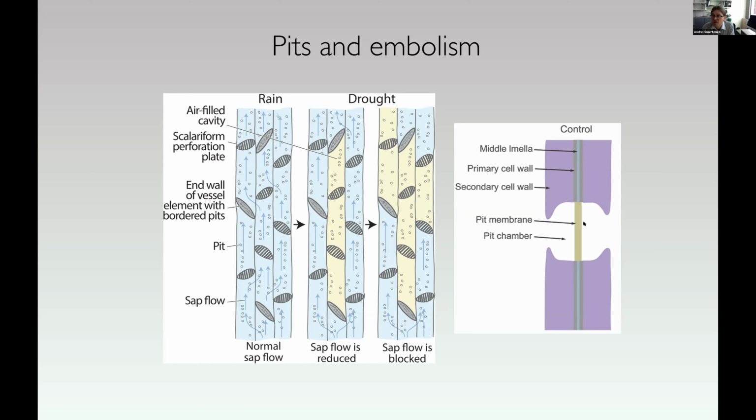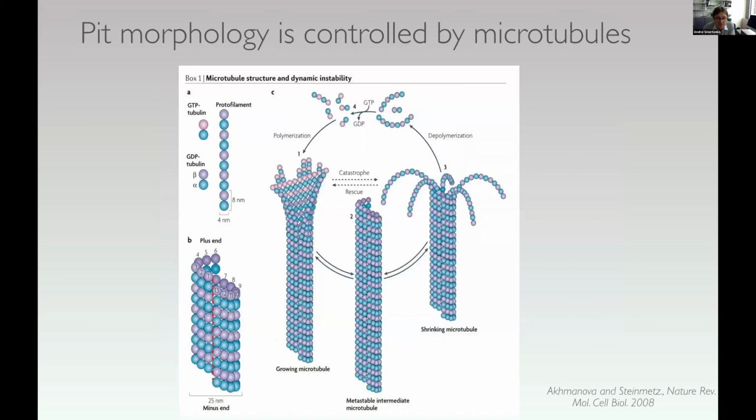And so our hypothesis is that plants have a mechanism to sense the environment and then modify the pit morphology in response to environmental conditions. So this brings us to the question of how plants control the pit morphology, and not much is known about it. And our goal is to understand the genetics of this process.